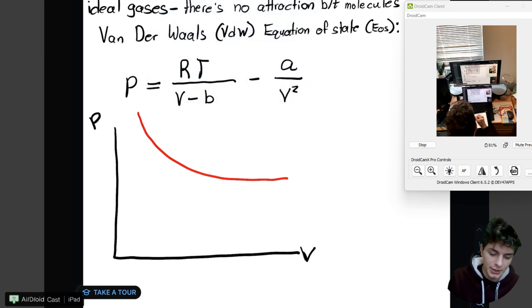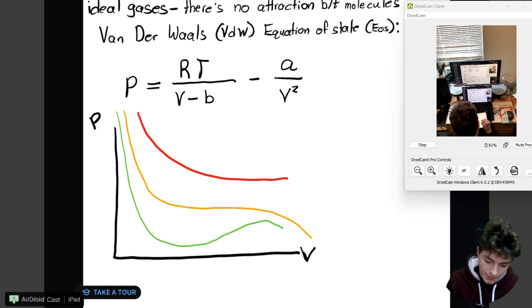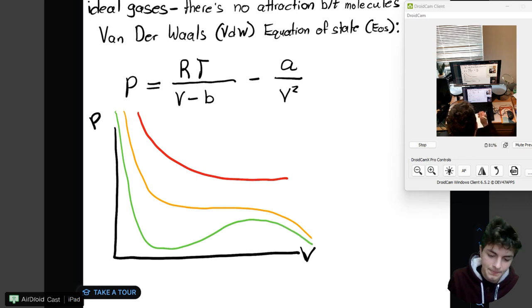I'm going to draw just 3 here. This is a poor man's theoretical drawing of what we would assume these isotherms to be.